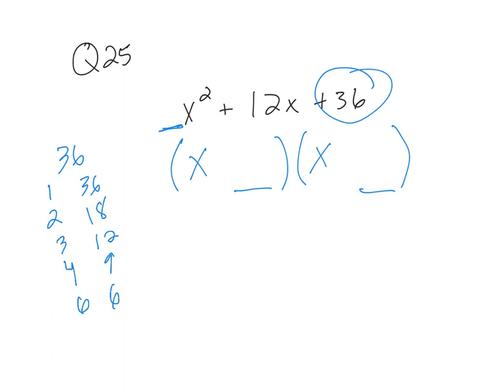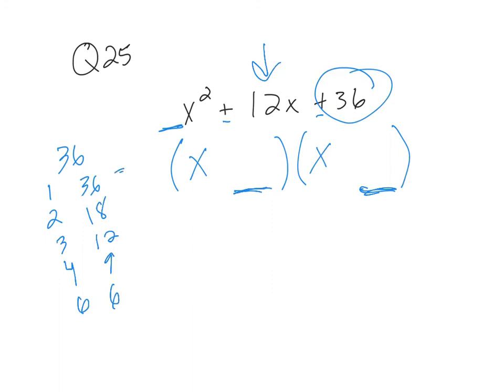Now, to figure out which pair of these we need to put into these spots, we need to look at the middle number. You should be able to combine the two pairs to get 12, so either adding them or subtracting them in a way. And since we have both plus signs here, they need to be added.